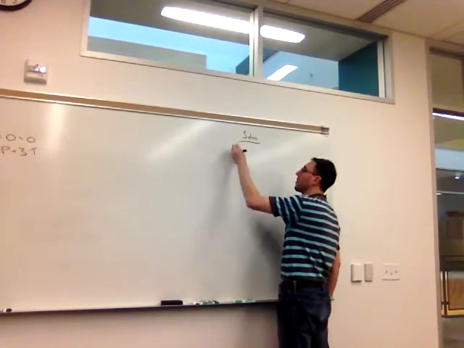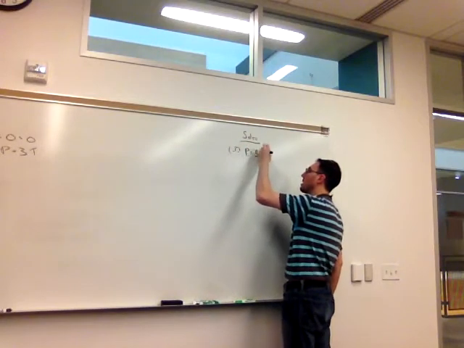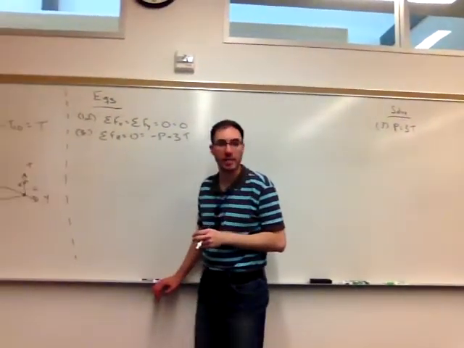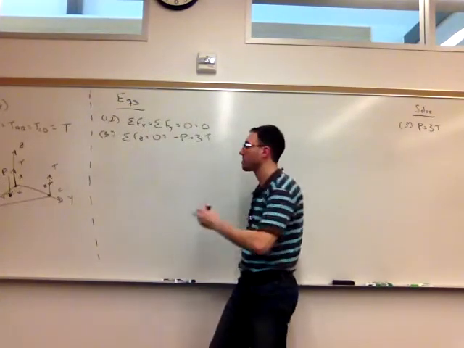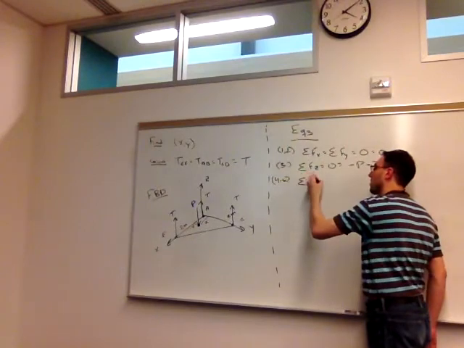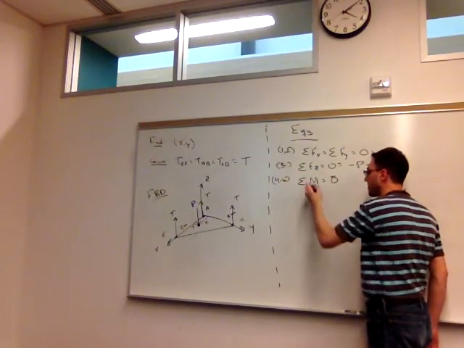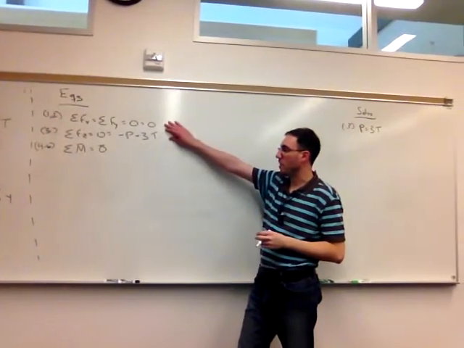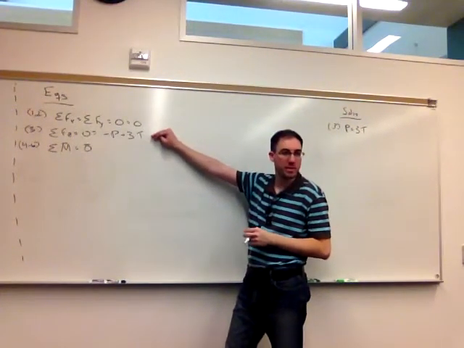From equation 3, we'll use this later, we can solve that force P must be equal to 3 times T. So those are our three force equations. Only one of them helped us out here.